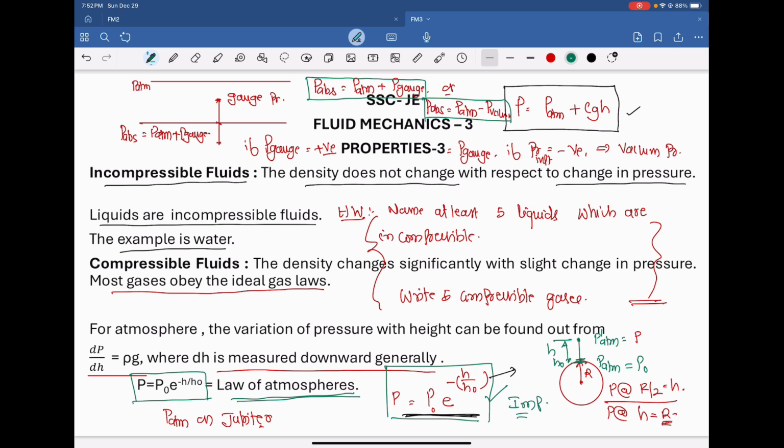When we take up the next class, because I have taken pressure as an important topic and spent this much time, I will delve into pressure measurement. Once we start doing some numericals and some concepts on pressure measurements, we will better understand what is absolute pressure, gauge pressure, and atmospheric pressure.